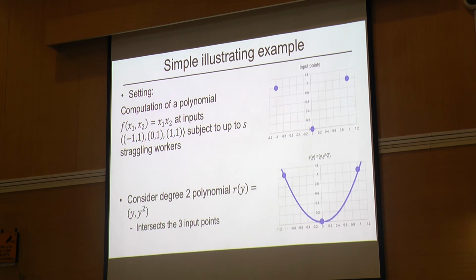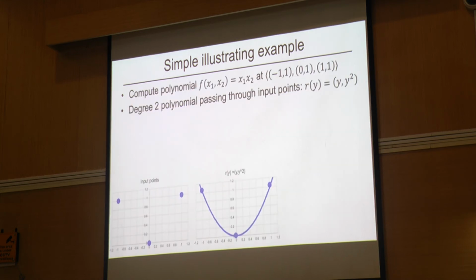So as the first step, what we want to do is find a polynomial that passes through the given input points. After that, consider this polynomial, f of r of y, where r of y, considered as a point, is y squared, y cubed, because f of x1, x2 was x1 times x2.